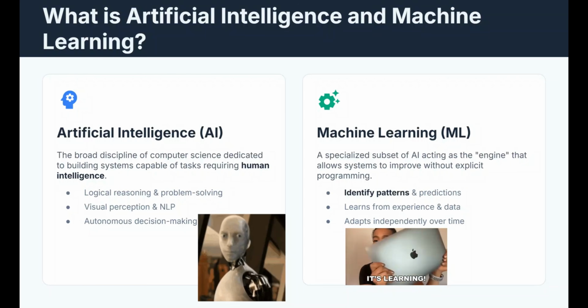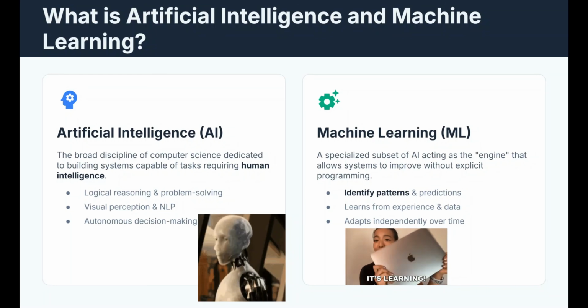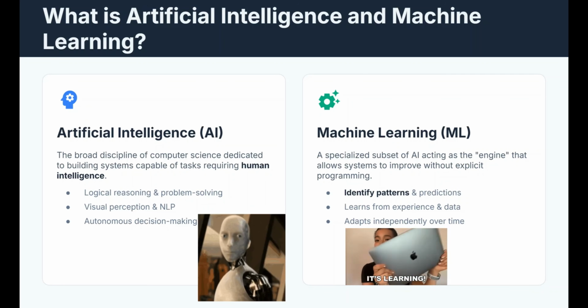What is artificial intelligence and machine learning? Artificial intelligence, AI for short, is the broad discipline of computer science dedicated to building systems capable of performing tasks that traditionally require human intelligence.